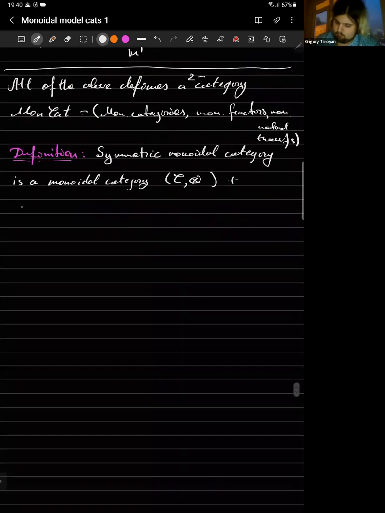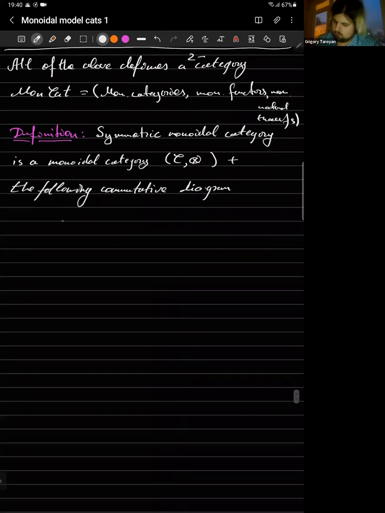Plus the following commutative diagrams.